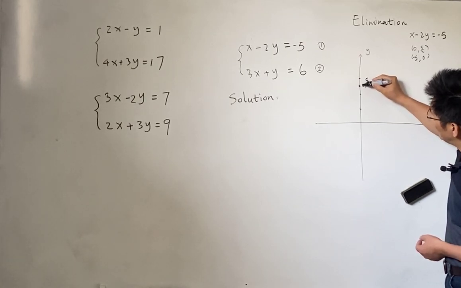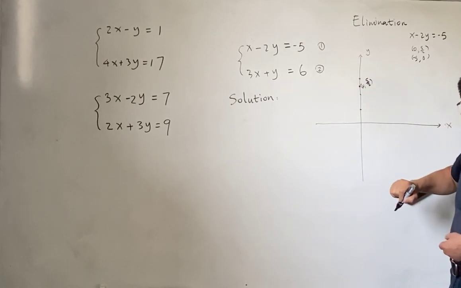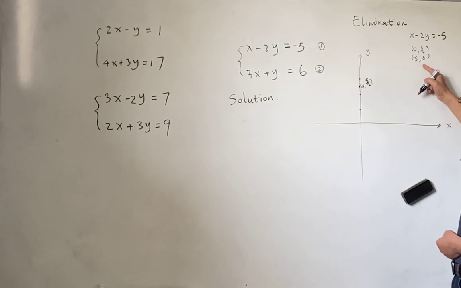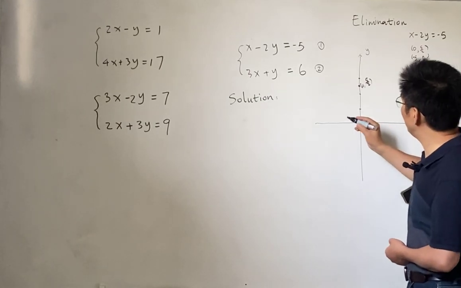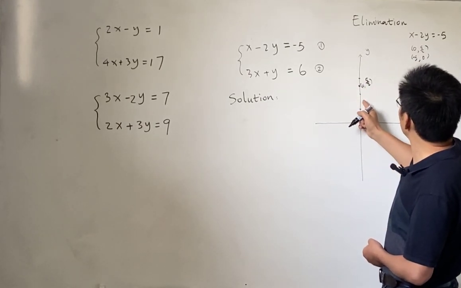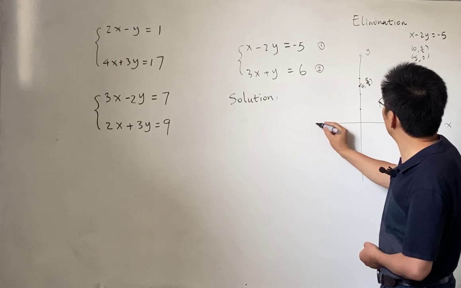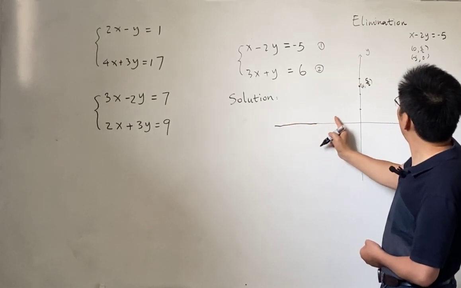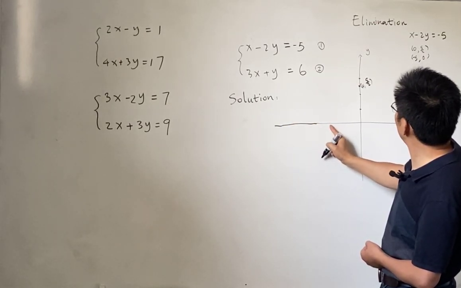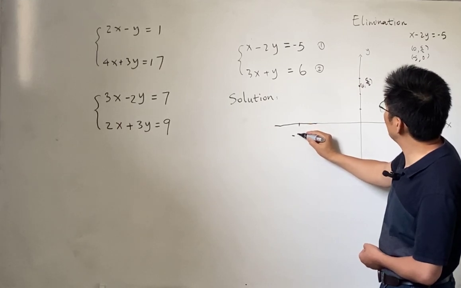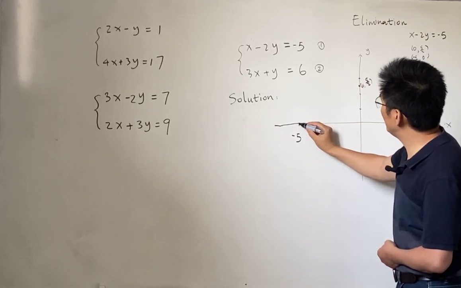All right? So this would be the coordinate of that point. And with this is -5 and 0. Well, x is -5. Let's say this is just half of it. Roughly here. Okay. That's about -5, right? That's another point.